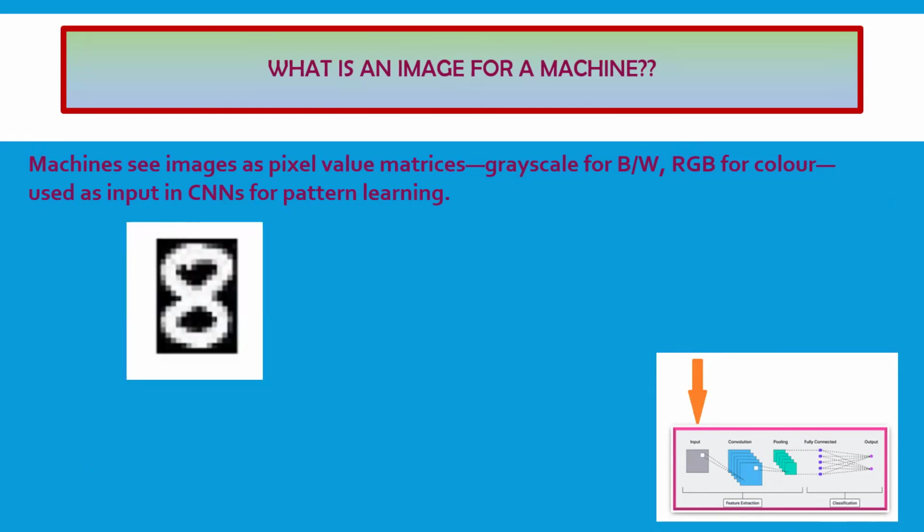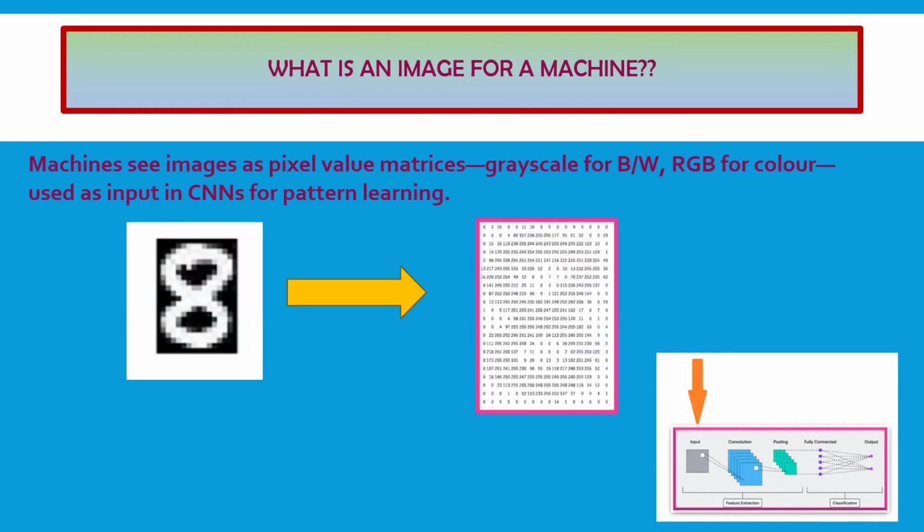For black and white or grayscale images, for example, like this handwritten digit 8, the image is represented as a matrix of pixel values. Each number in the matrix indicates the intensity of light at the spot, that is 0 for black and 255 for white, and the values in between for shades of gray. This pixel matrix becomes the input to the CNN.